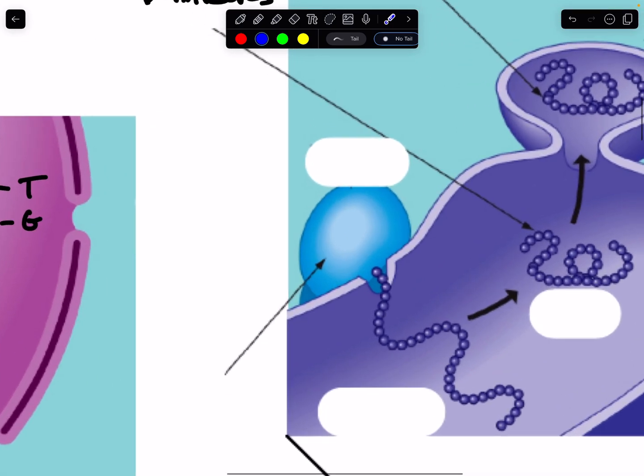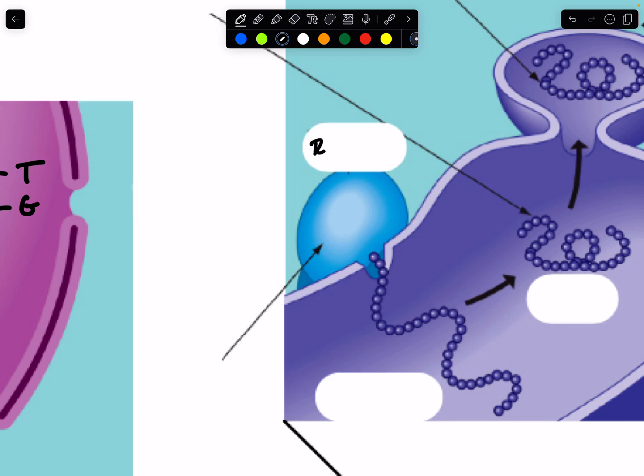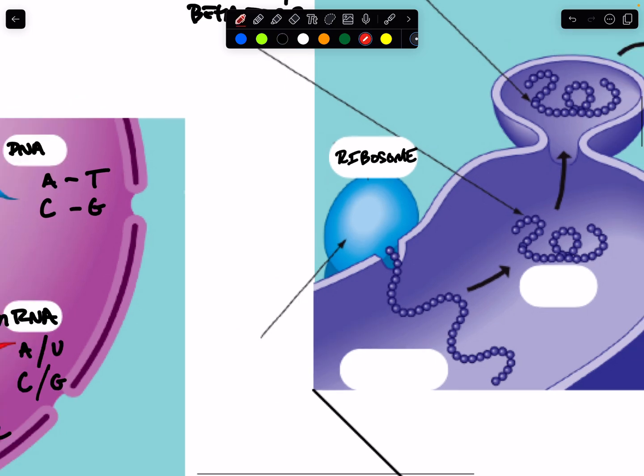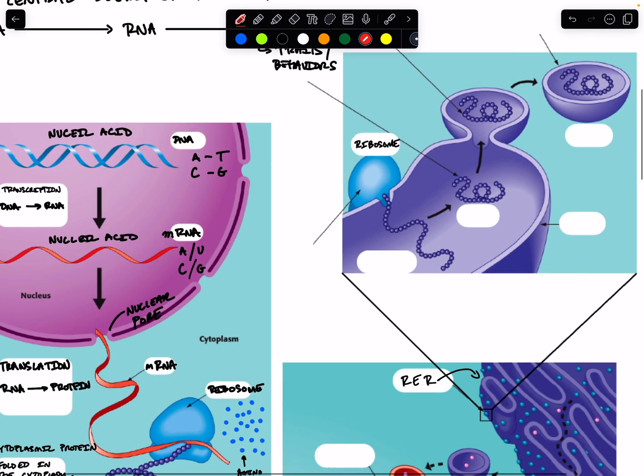Okay, so let's get right to it. Here's our ribosome. And what you can't see from this image is that the mRNA message that the ribosome was reading before, it's still here. It's still attached to the ribosome, and the ribosome is running along it.